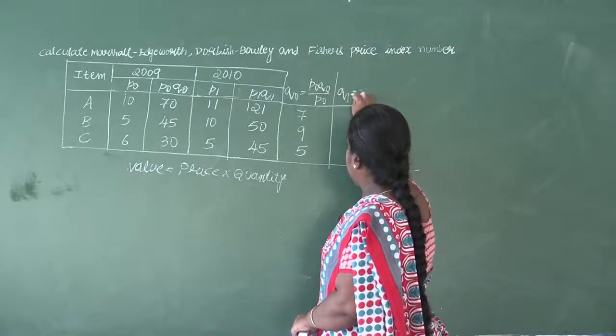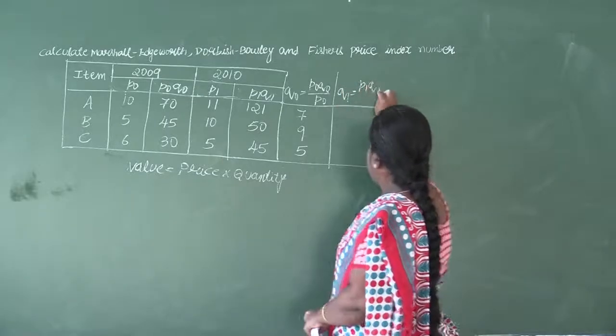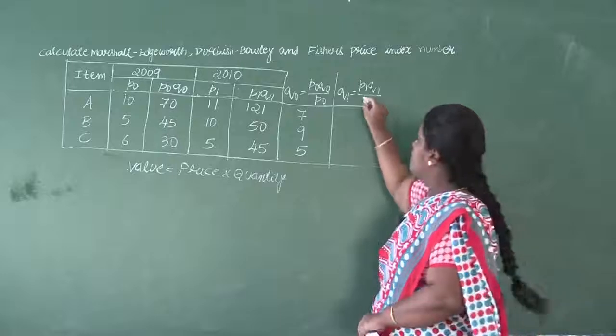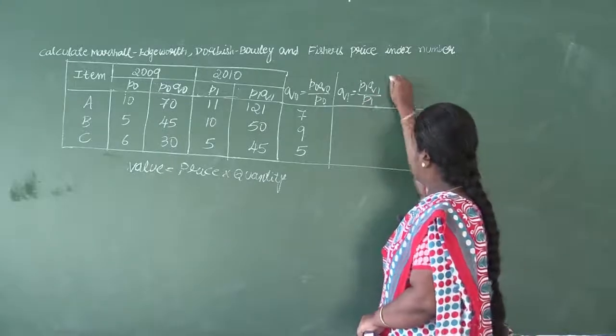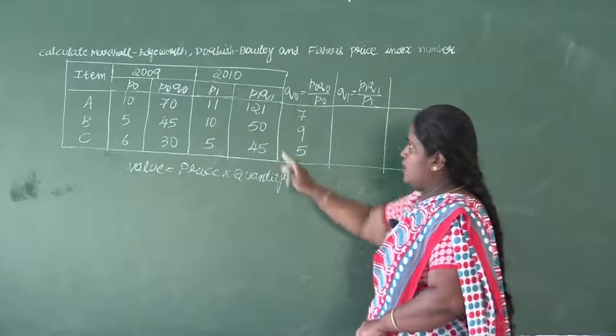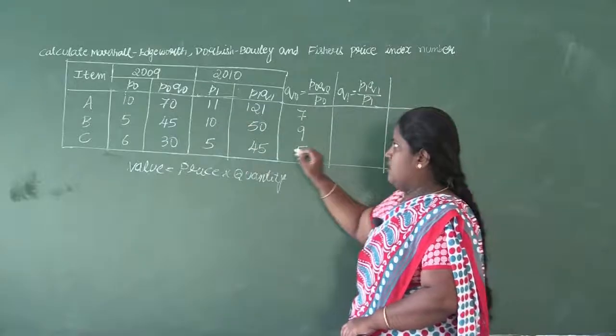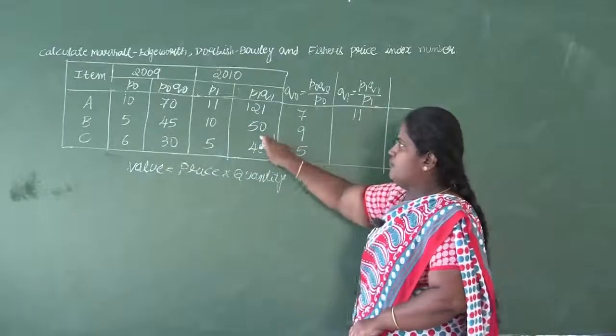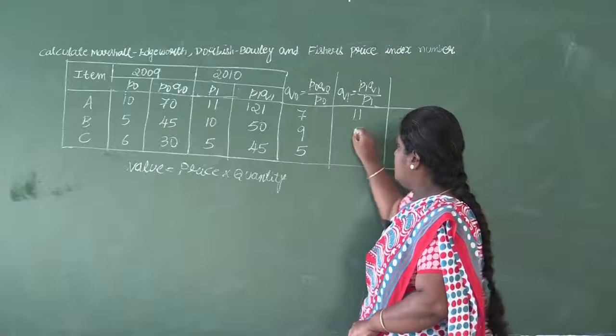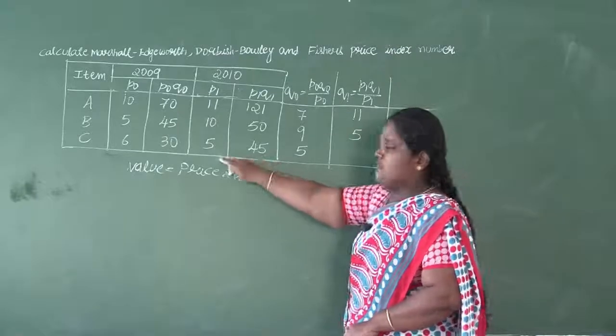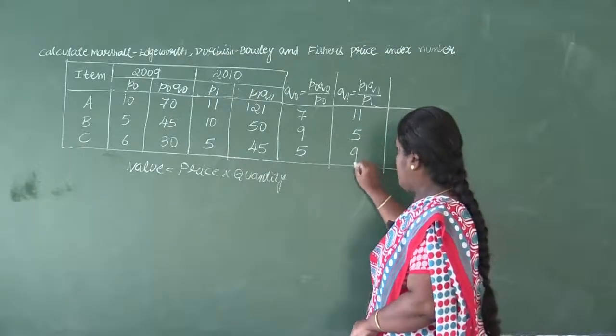Then Q1, it is P1 Q1 divided by P1. So 121 divided by 11 we will get 11. 50 divided by 10, 5. 45 divided by 5, 9.